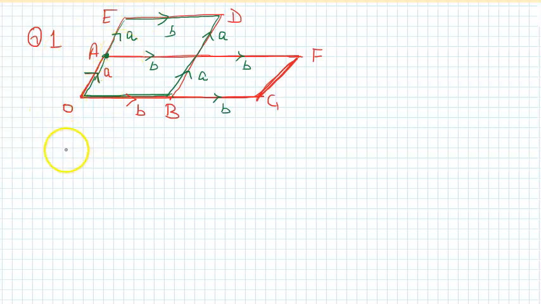Now first part is OC. I think this is not difficult. See, this is B, this is B, and this is the midpoint. It's visible also, and these are the A. Now you have to find OC. Where is C?